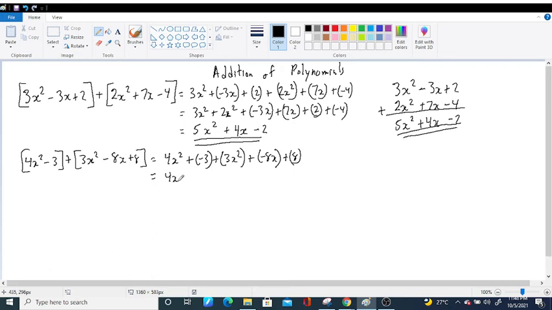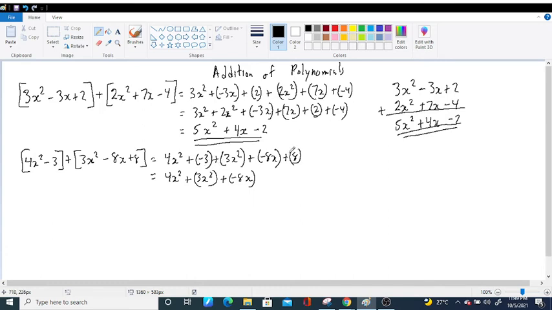I bring down my 4x squared plus the 3x squared, and then I look if I have any terms with just x to the first power. Try to keep it in descending order. I see none except this one here, so I put plus the negative 8x.